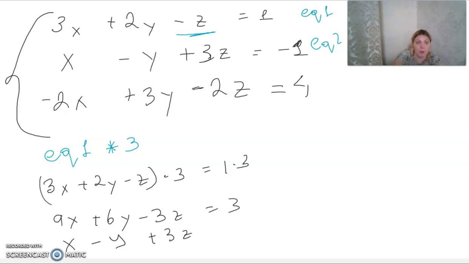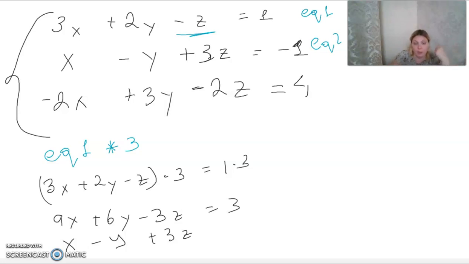Remember, the steps are still the same as in the previous video: choose the equations, multiply one or both of the equations by a number so you can eliminate z, and then go ahead and do that.